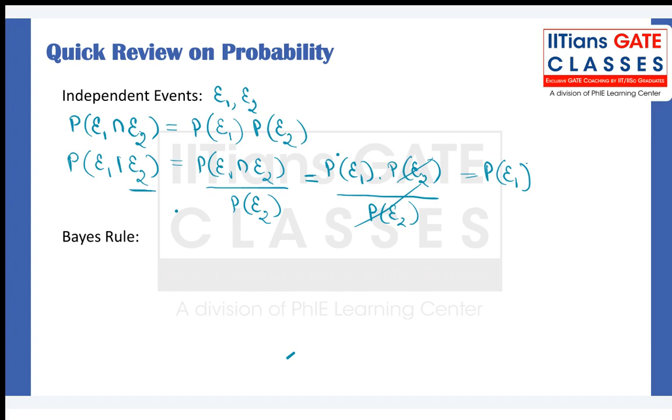Okay. Last but not the least, Bayes rule. Bayes rule is used to find out conditional probabilities, right? And the Bayes rule has a formula: P of E1 given E2 is nothing but the probability of E2 given E1, multiplied by the probability of E1, divided by the probability of E2.